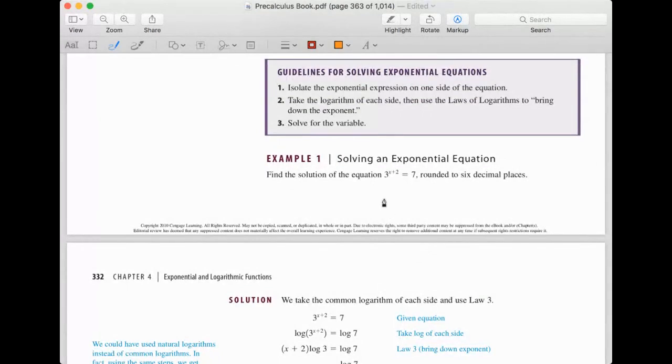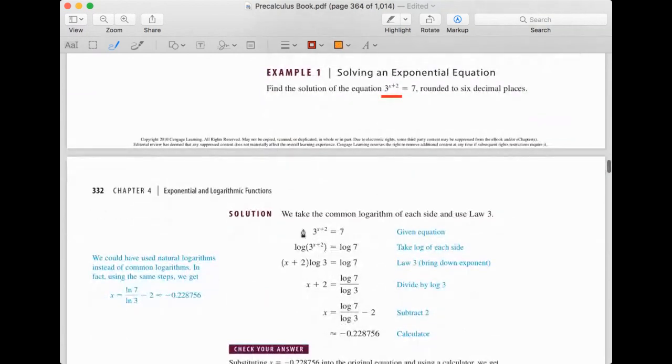This question has 3 raised to x plus 2 equals 7. The exponential term is just by itself. It's already isolated. So what do we do? We put the ln on both sides. We could put the log base 10 on both sides, that's okay too. But for your future calculus class, we always use ln.